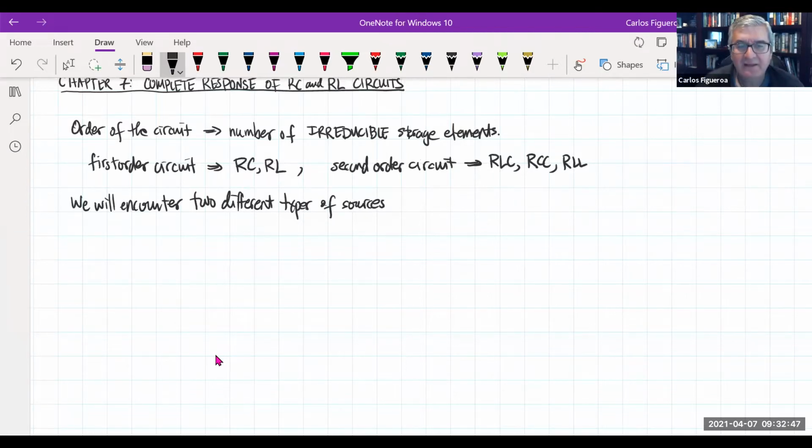And it really tells us exactly how we're actually going to use our techniques to actually solve for these things. So one, we're going to deal with constant sources. And the other thing that we're going to find here is we're going to deal with time-dependent sources.